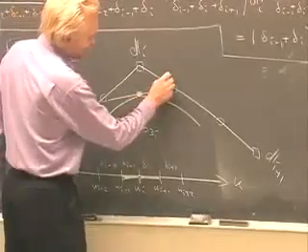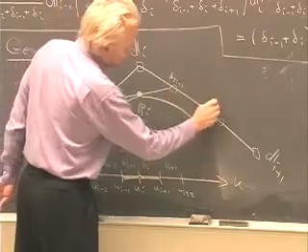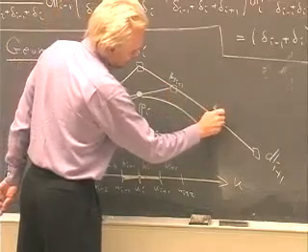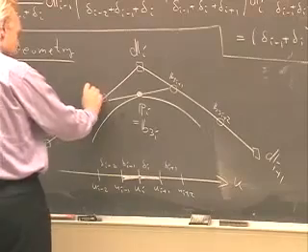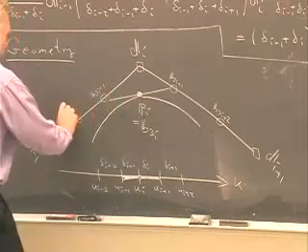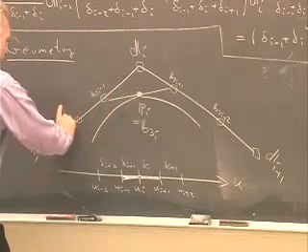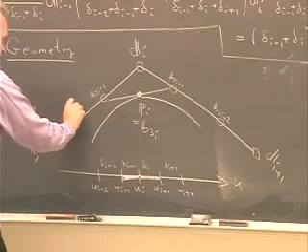This one then will be B3i plus 1, this is B3i plus 2. And then these guys will be B3i minus 1, and this is B3i minus 2.